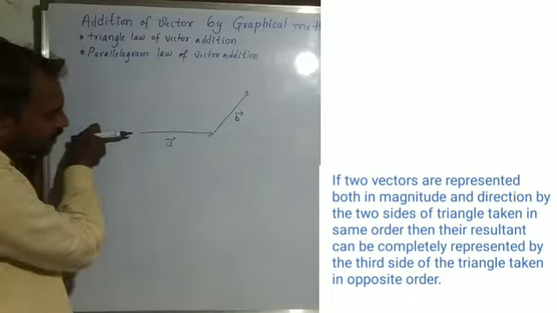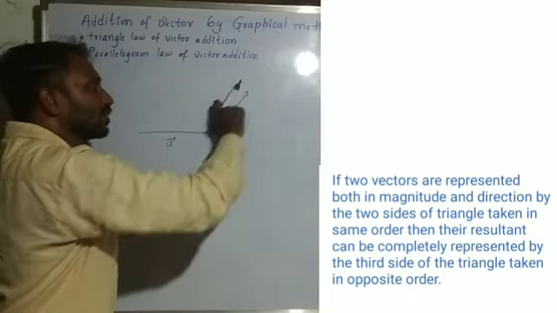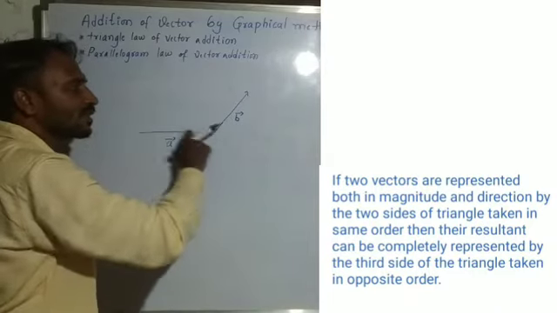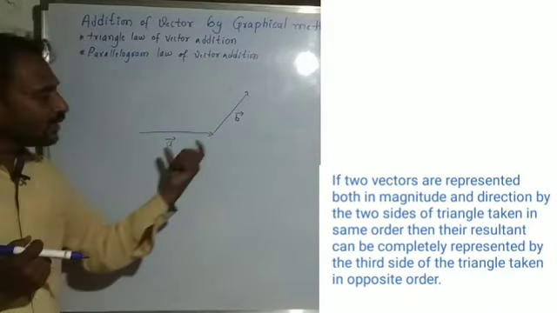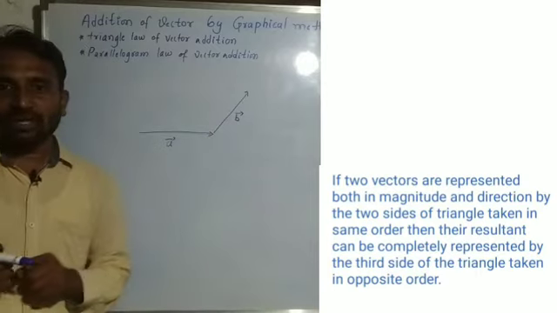It means this is the direction of the first vector and the direction of the second vector, so they are in the same order. And these two represent two sides of a triangle.